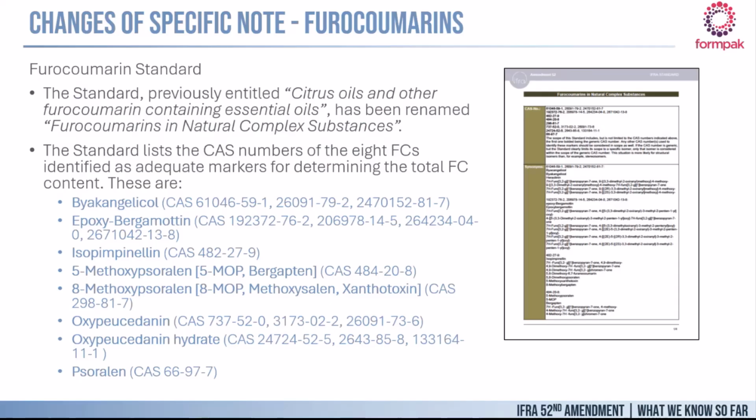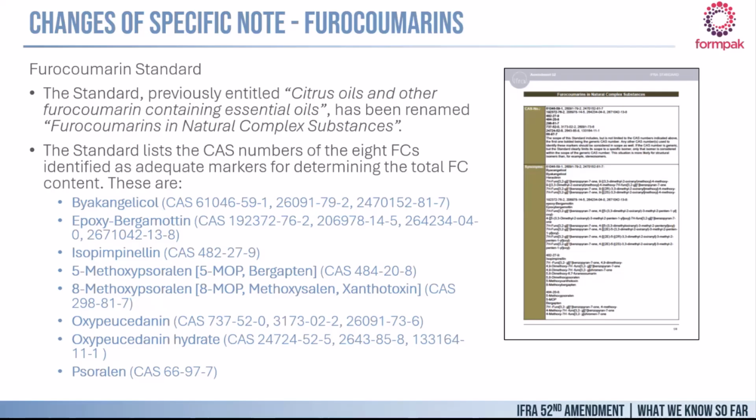Now, the furocoumarin standard, the one previously entitled Citrus Oils and Other Furocoumarin Containing Essential Oils, has been renamed to Furocoumarins in Natural Complex Substances. The standard lists the CAS numbers of the 8 furocoumarins identified as adequate markers for determining the total FC content. Those are on the screen here.